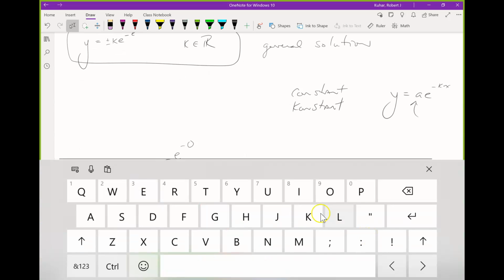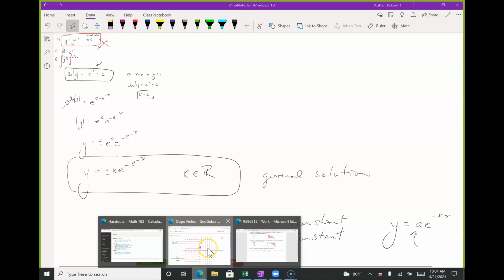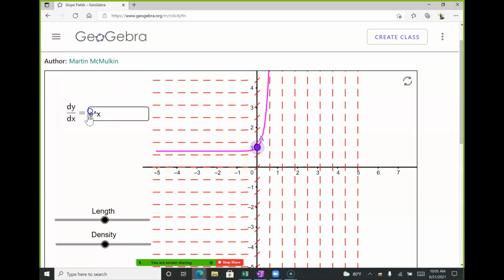So let's go to our slope field now. How are we doing? We okay? It's pretty easy, right? It's a nice break from volumes and all of that shell hell and disk and washer and all of that. So my initial thing is y e to the negative x. So I'm going to my slope field here, and I'm putting in that y e to the minus x.